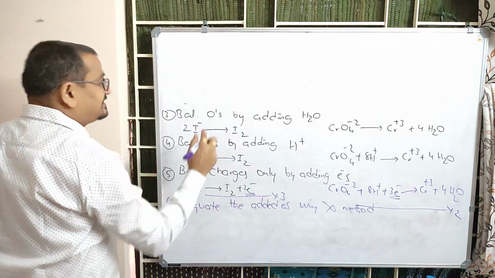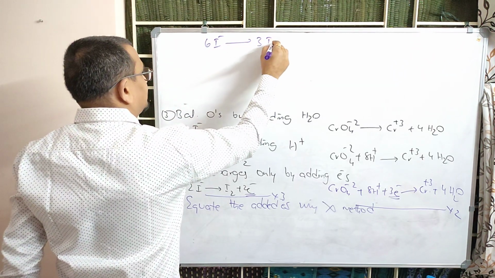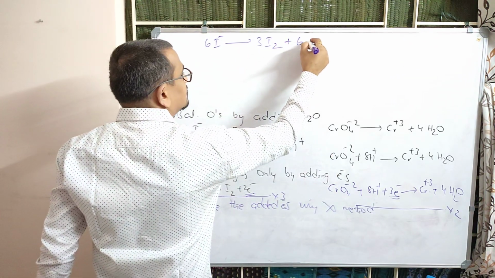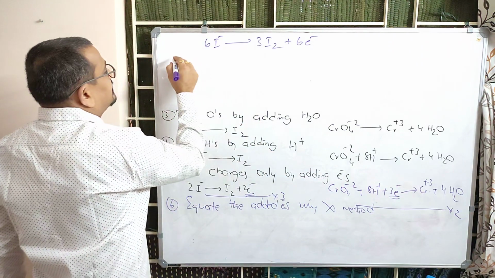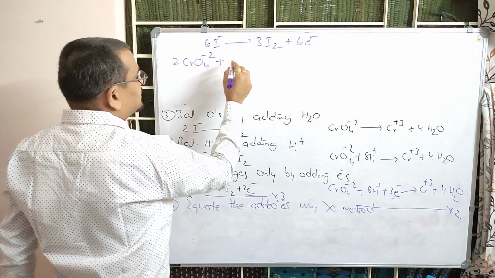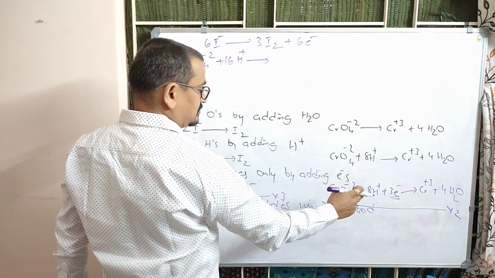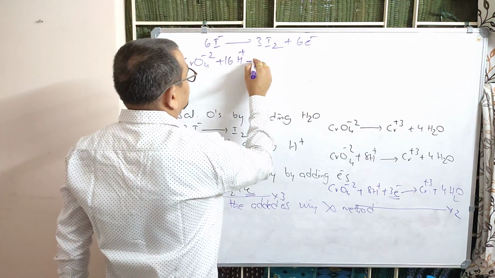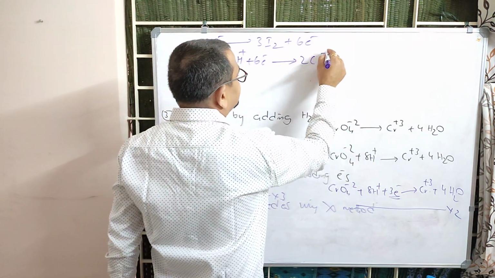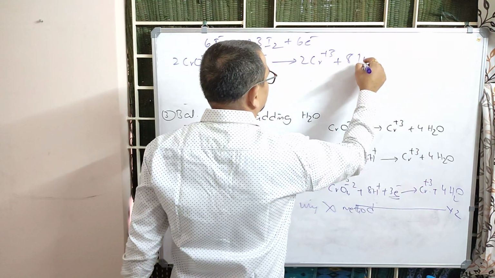Now, if you multiply this with 3, 6I minus, giving rise to 3I2 plus 6 electrons, of course. If you multiply that with 2, it is 2 moles of CrO4 minus 2 plus 16H plus plus 6 electrons, giving rise to 2 moles of Cr plus 3 plus 8 moles of H2O.